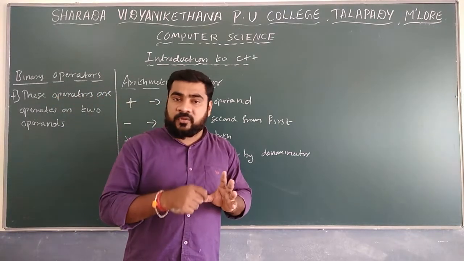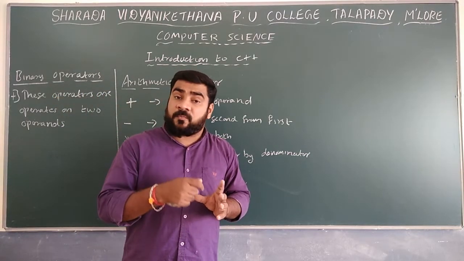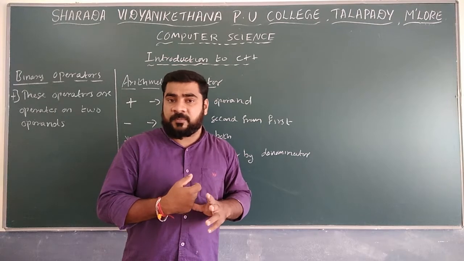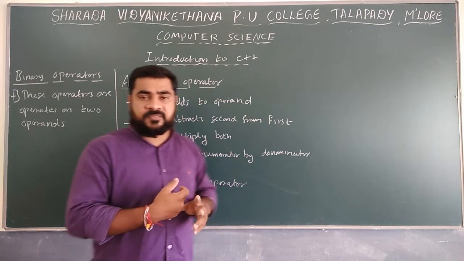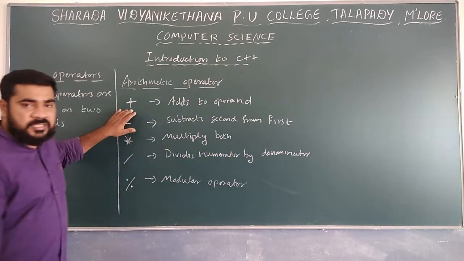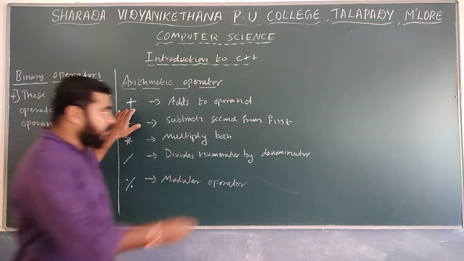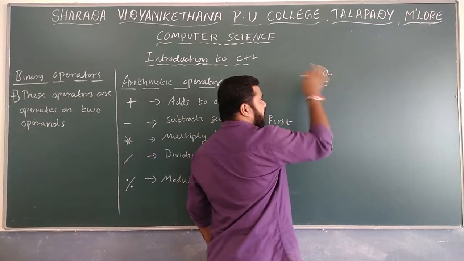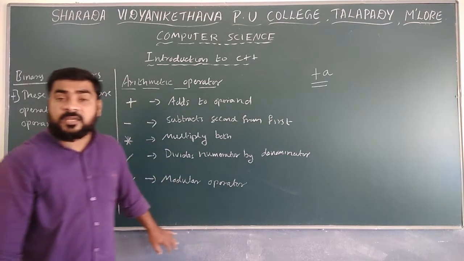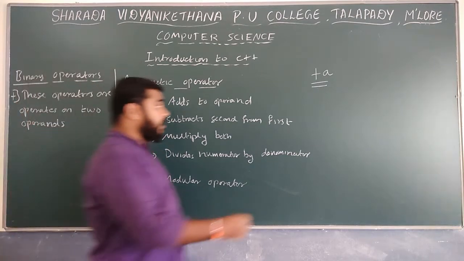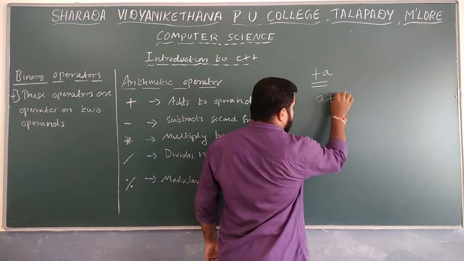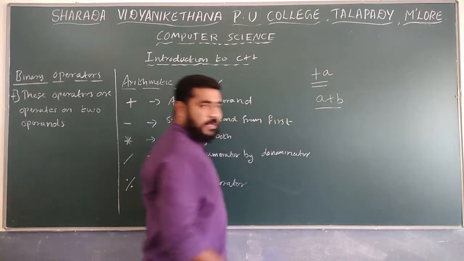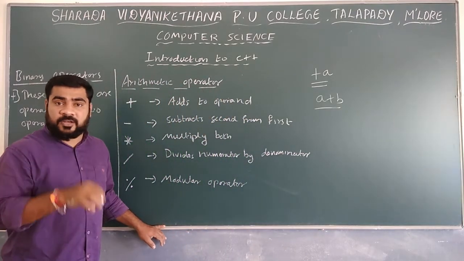One is unary plus. Unary plus is used to find the sign of the value, whether it is positive or negative. For that purpose we use the plus operator, along with only one operand. For example, if you use plus along with a, that is known as a unary operator. But if you use a plus b, that is known as a binary operator.